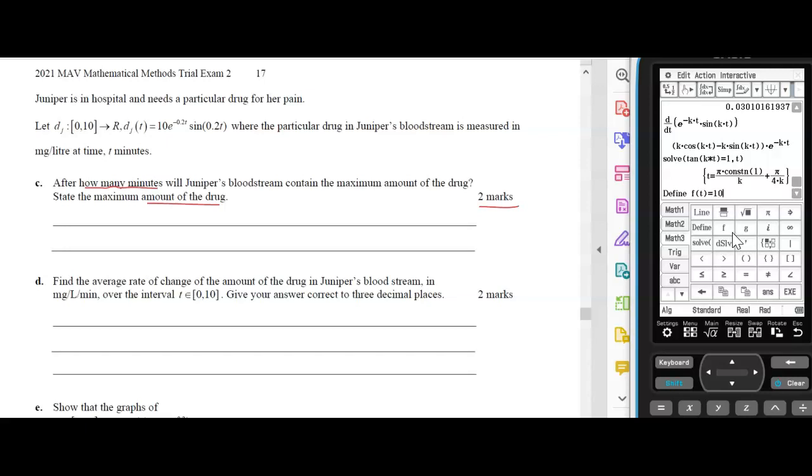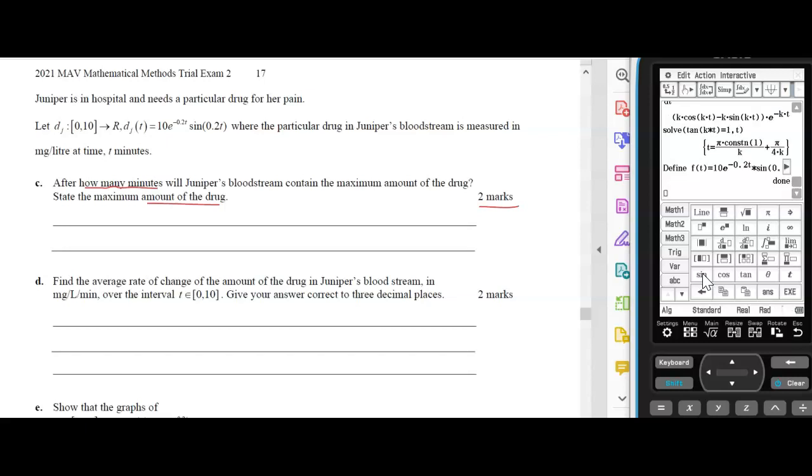Equals 10 times e to the negative 0.2t times sine of 0.2t. Make sure I've written that down correctly. 10e to the negative 0.2t.